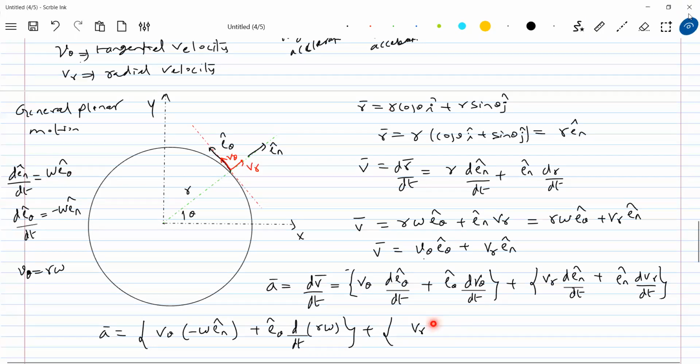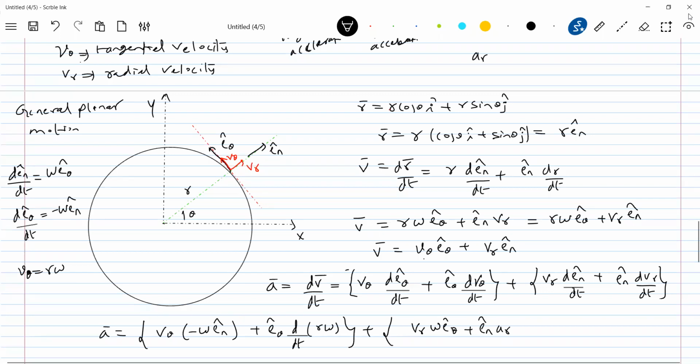Omega e theta cap, and dvr by dt. So I'll write it as radial acceleration. There's one more new quantity I've encountered.